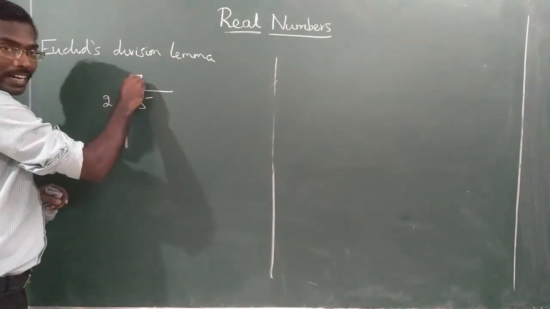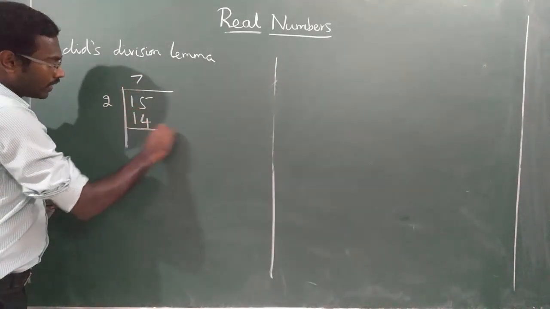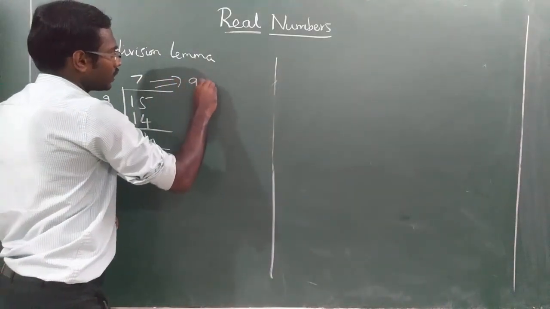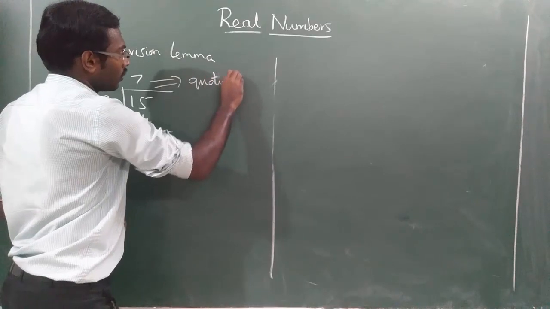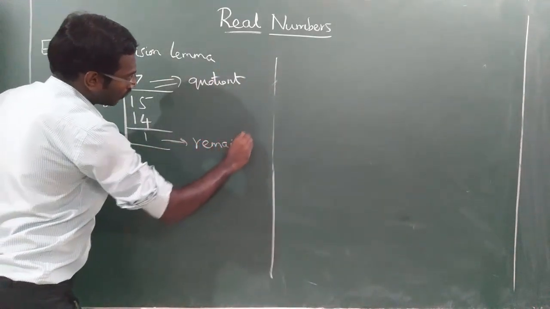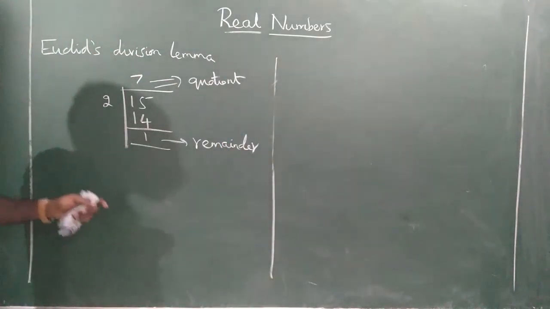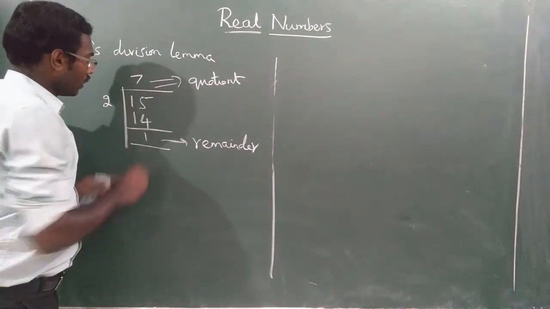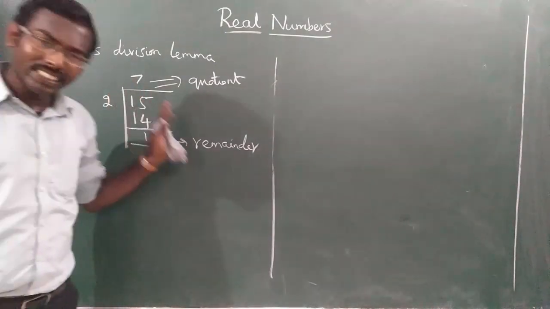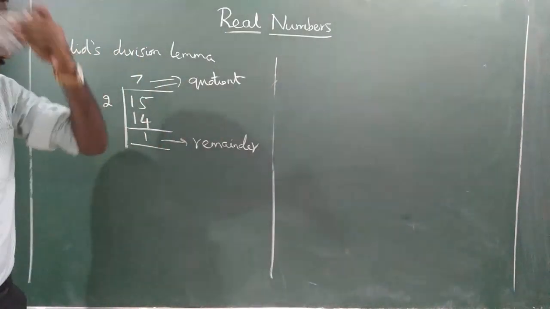So 7 you will write. 14, and the remainder is 1. You will call this the quotient, this the remainder, and this is the dividend and this is the divisor. Yes or no? This is the normal division.